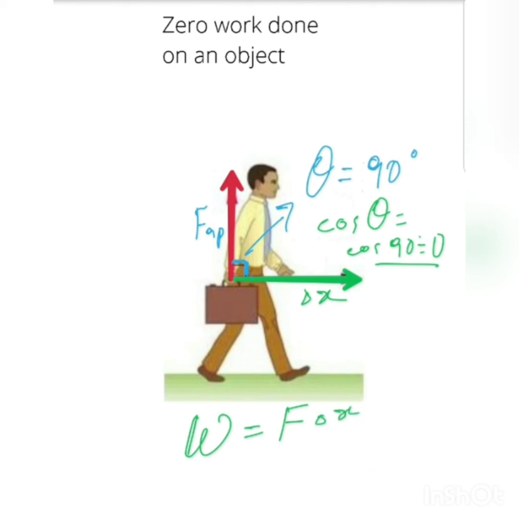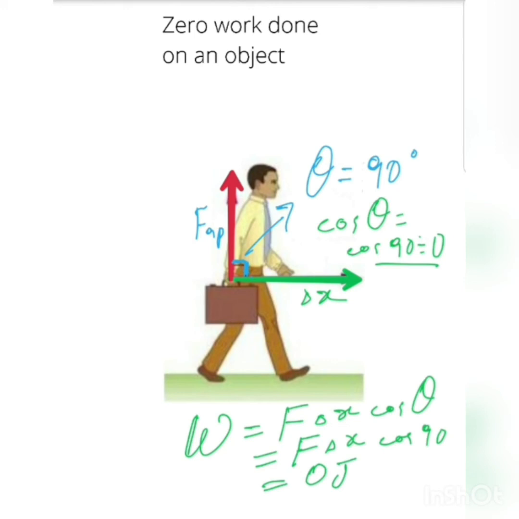W equals F delta X cos theta, and in our case our theta is 90 degrees, and anything multiplied by cos 90 degrees, the answer there is going to be 0 joules.